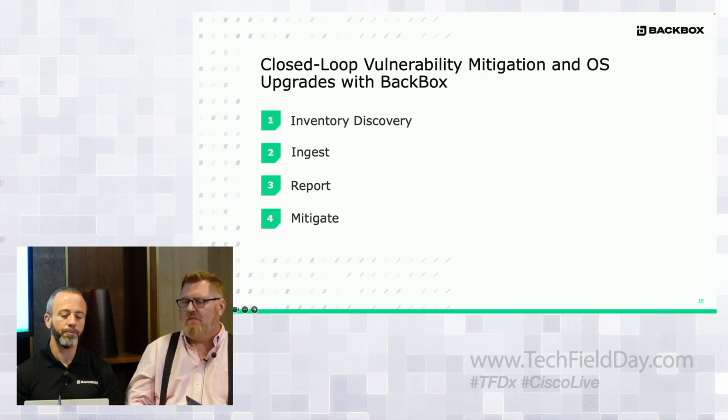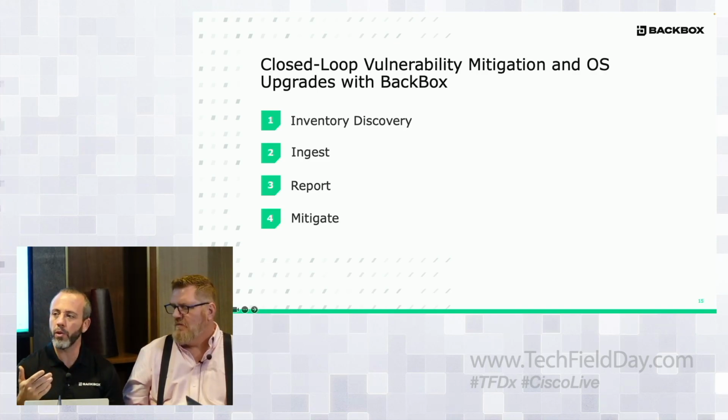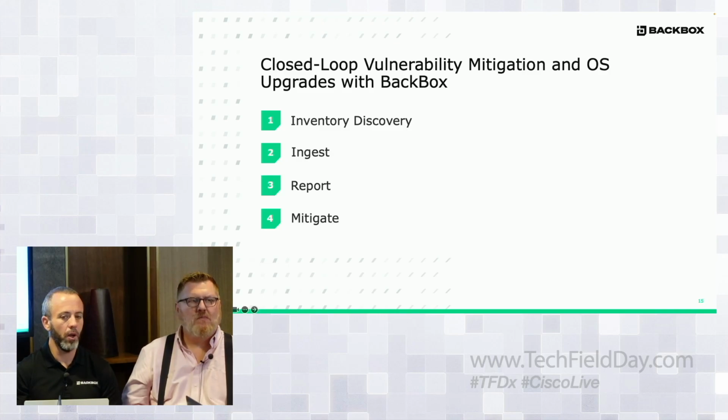So first of all, we know that we're running an inventory discovery, right? We connect to the devices, we grab information about them. So what do we do with it?